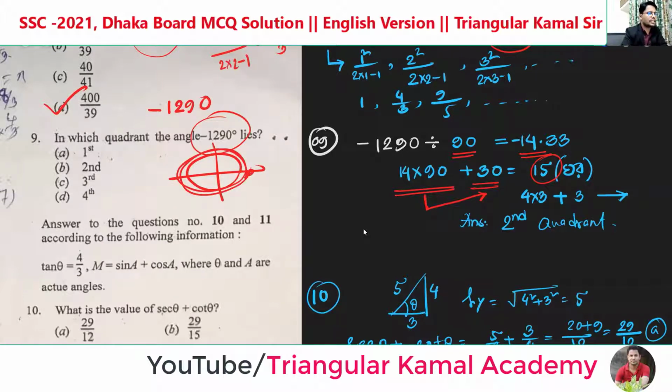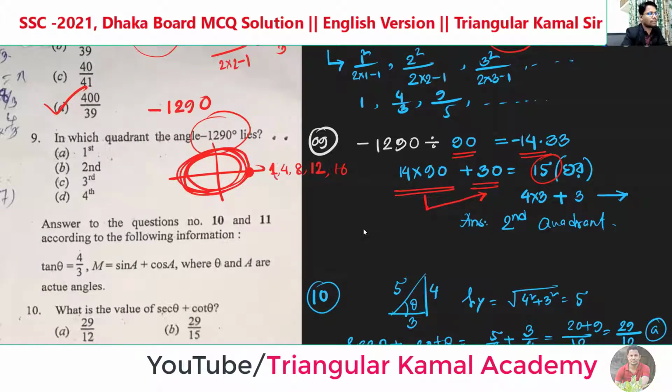If we start from here, 1, 4, 8, 12, and 16. In every 4, it will complete a full rotation. So after 4: 90 degrees, 180 degrees, 270 degrees, and 360 degrees.